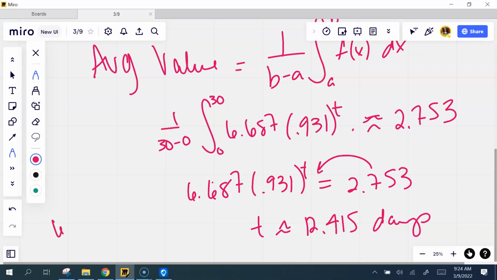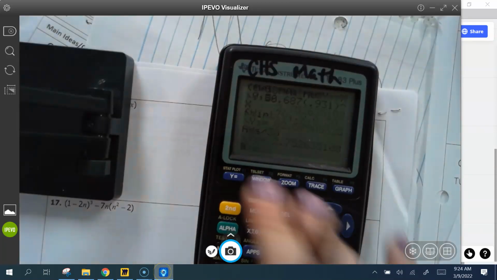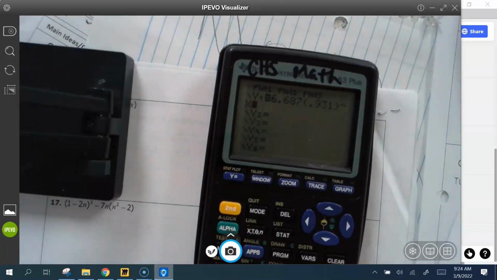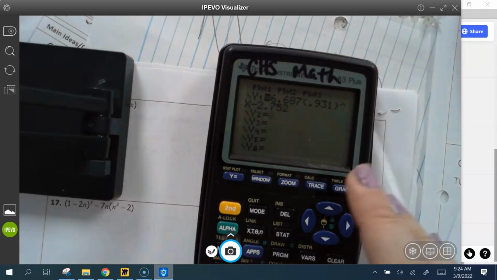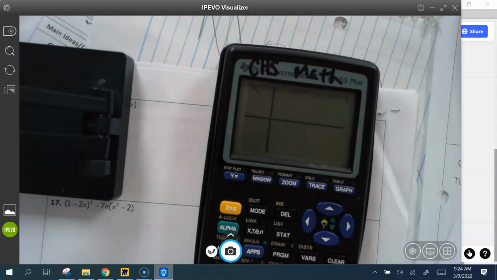Like on D, when I got to that part, I got here, and then I said minus the average value of the function. So when does it equal that?